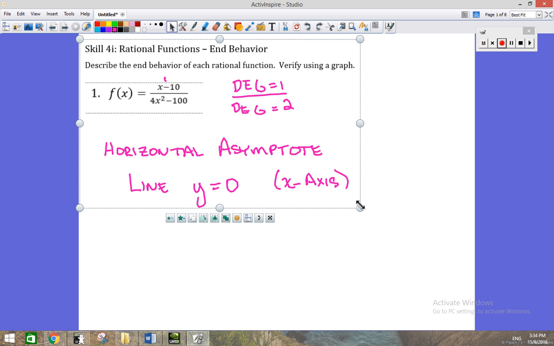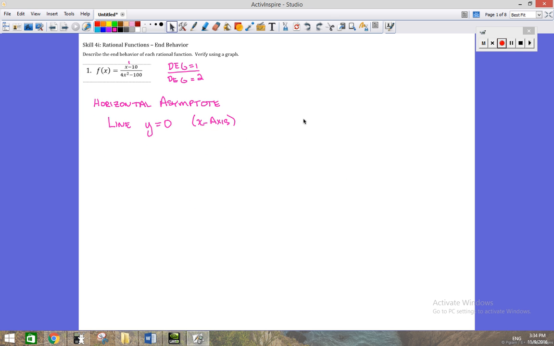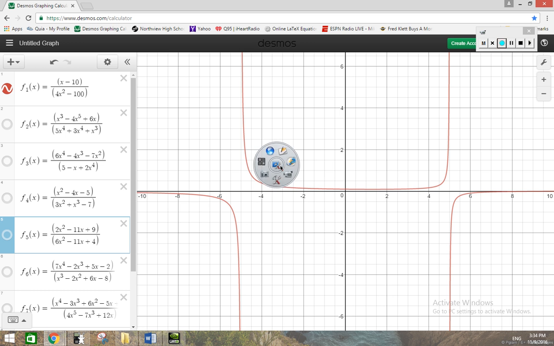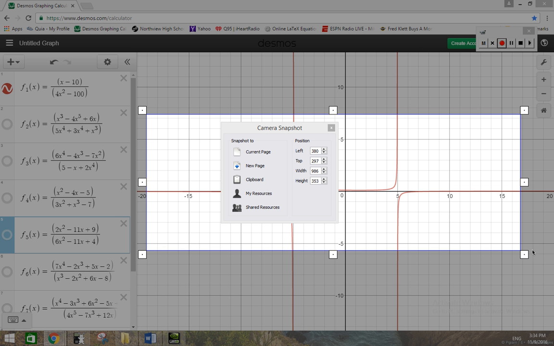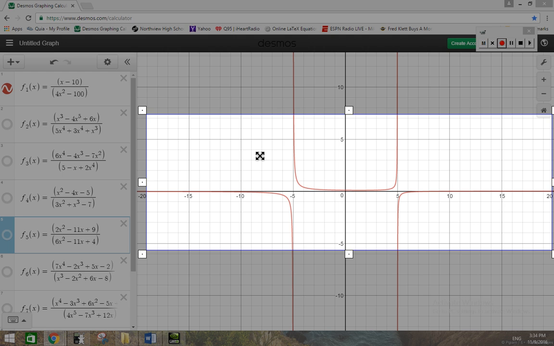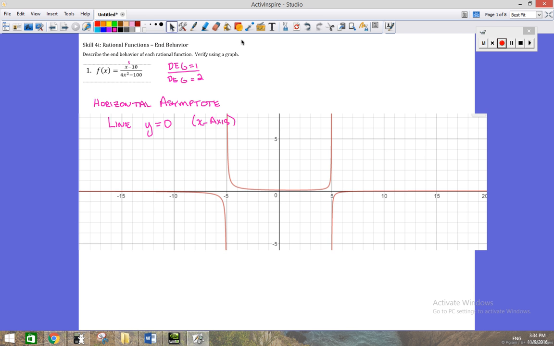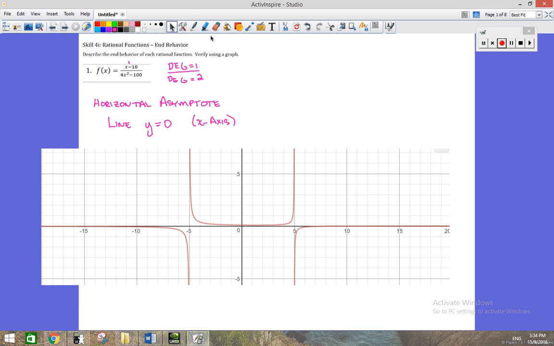So I'm going to shrink this up because you've already seen it. And let's come in and let's zoom out a little bit. The end behavior of this graph is what's going on for values that are far away from the origin. So here's our origin.